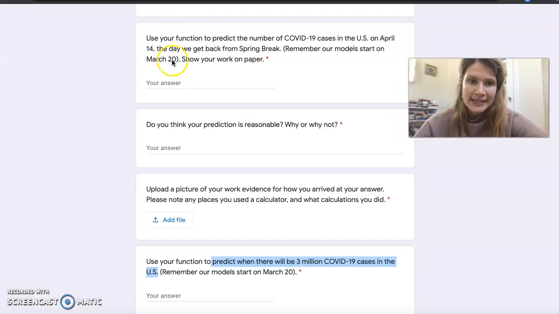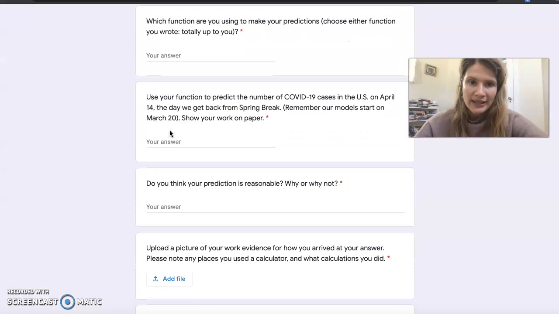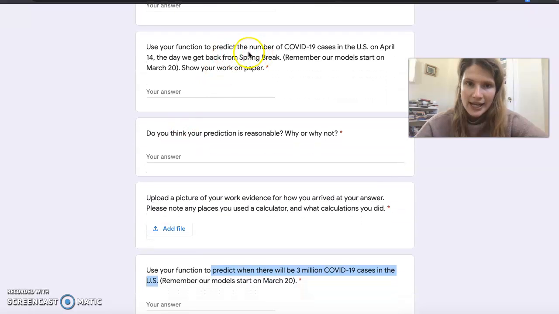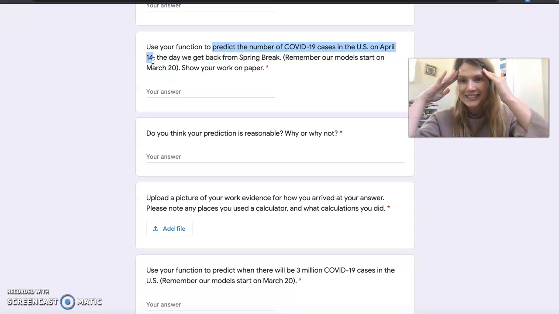If I were Leslie, the first thing I'd do is try to predict the number of COVID-19 cases on April 14th. This is not easy, this is hard. I have an equation, and I'm trying to use it to predict how many cases there will be on April 14th. So first, let's go through the equation and remind ourselves of what it even means.